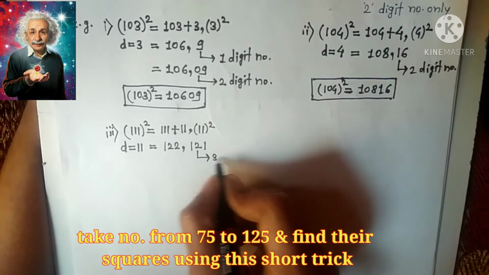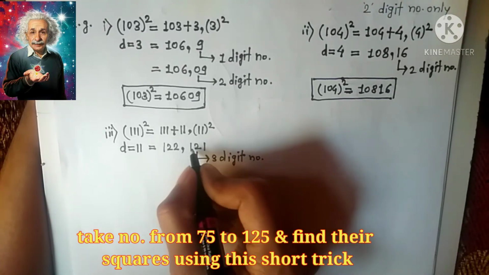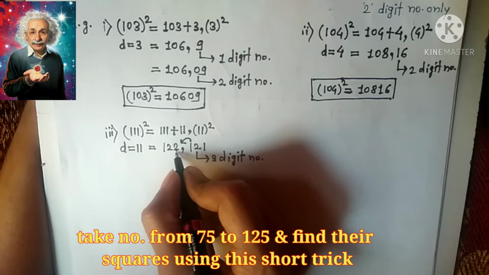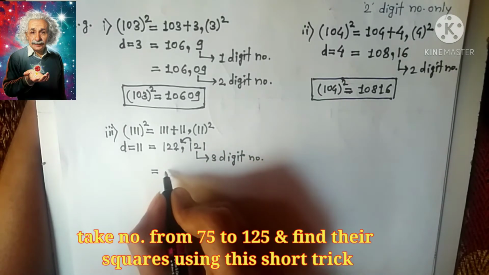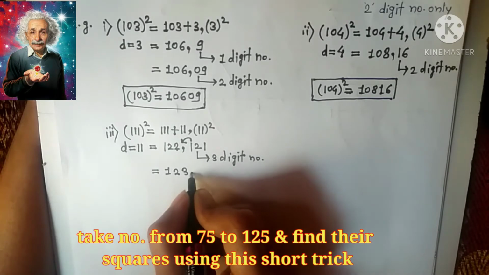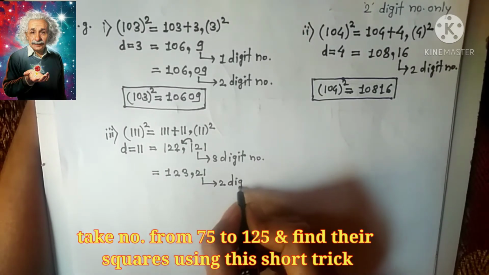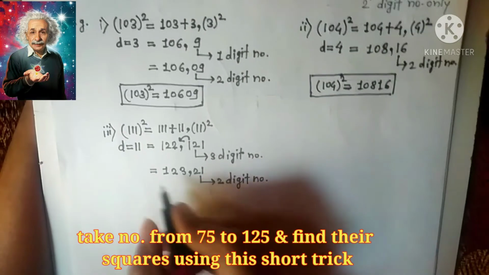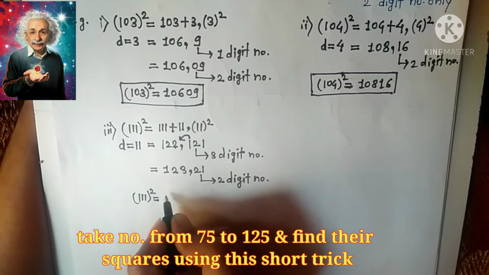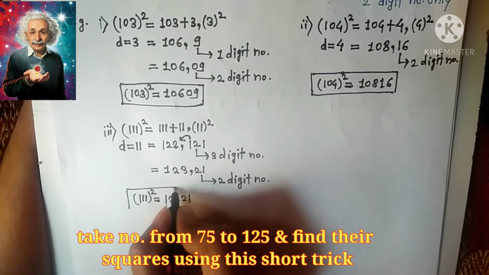But this is a 3-digit number. We will convert this number into 2-digit by adding this 1 to its nearest number 2. So we will get 123 comma 21 and this is a 2-digit number. Finally, the square of 111 we get as 12321 and this is the correct answer.